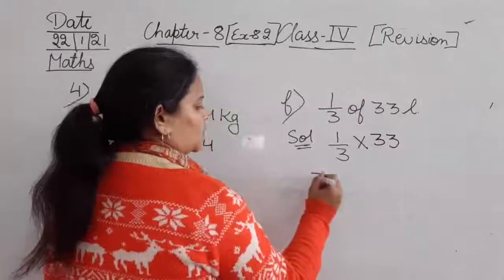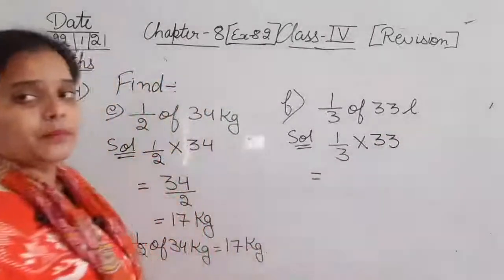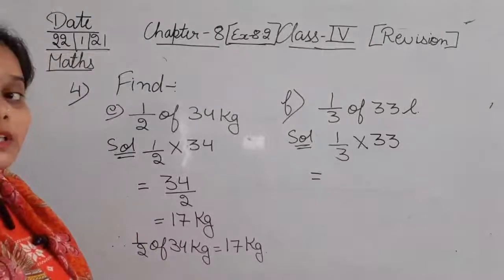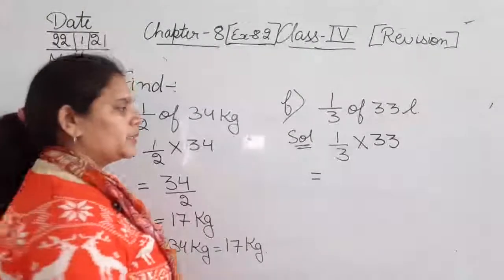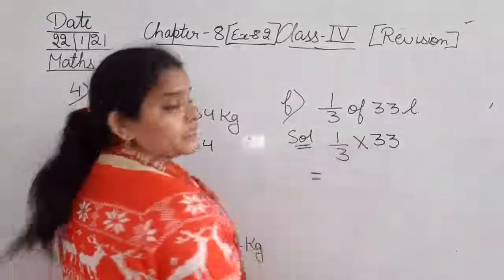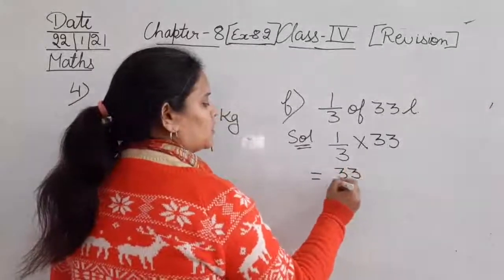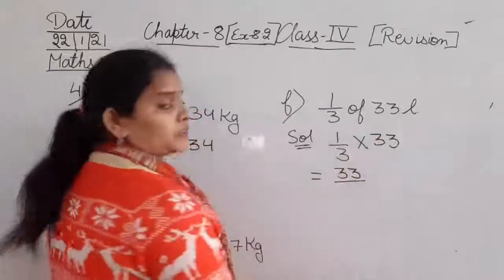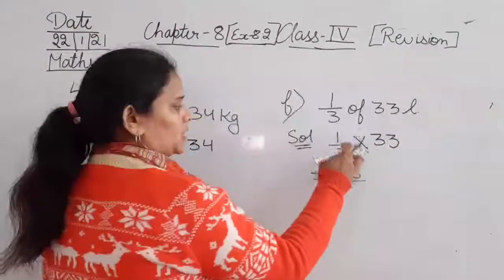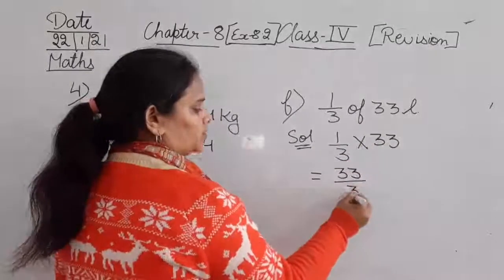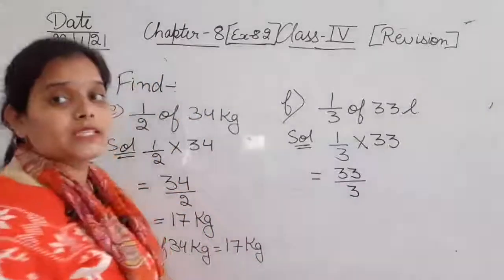Okay, now as the number is given, we have to multiply it with the numerator. हम number किससे multiply करते हैं? Numerator. 1 multiplied by 33 is 33. Denominator will be same, that is 3. Okay, the denominator हमारा same रहेगा.